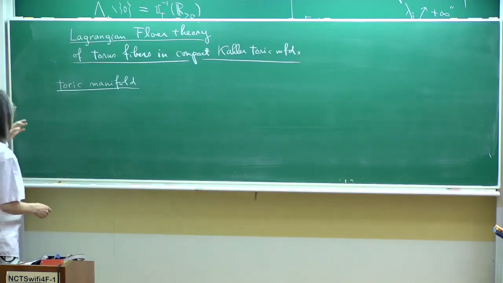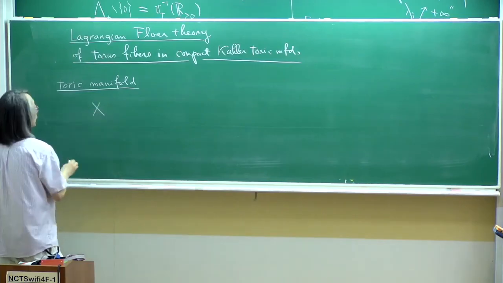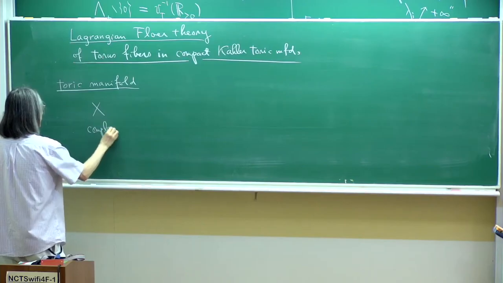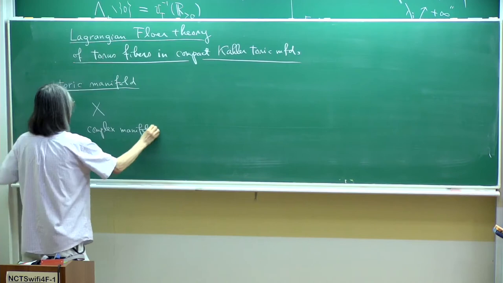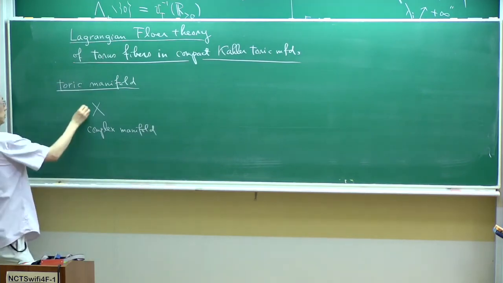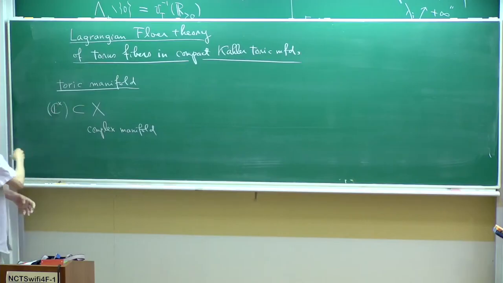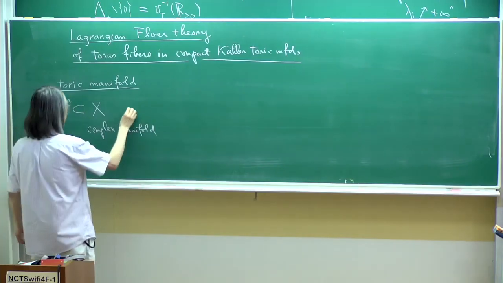So let X be a complex manifold which contains the complex torus as an open dense subset.